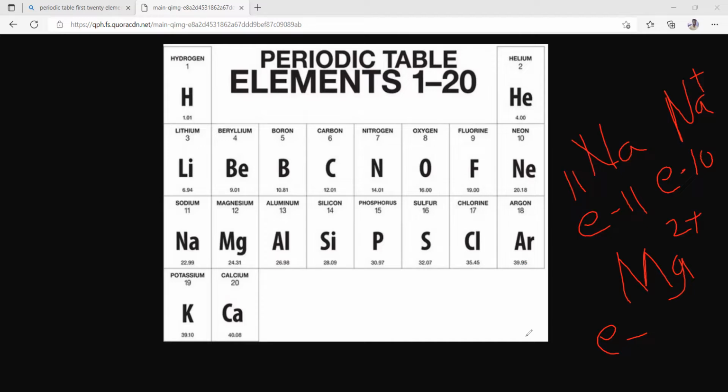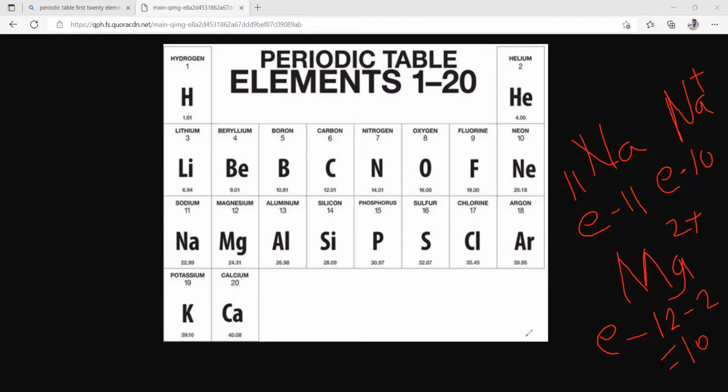Okay, what does 2 plus mean? Lost electrons. Lost how many electrons? 2 electrons. So now how many electrons are in Mg2+? 12 minus 2, 10. Is it clear for you?